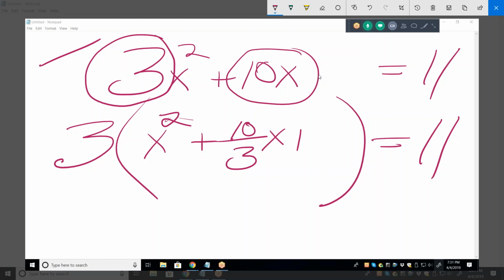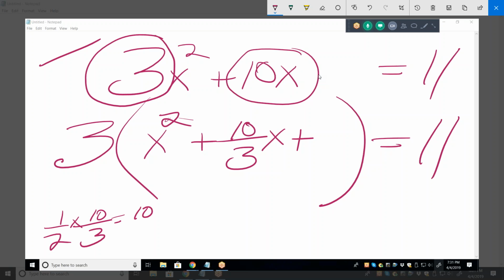Now, how do I complete the square? You take half of 10 over 3. What is half of 10 over 3? Like, 10 over 6. In other words, here's what I'm doing. 1/2 times 10 over 3.